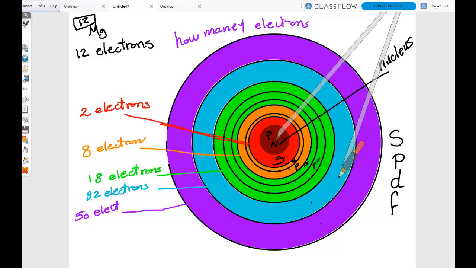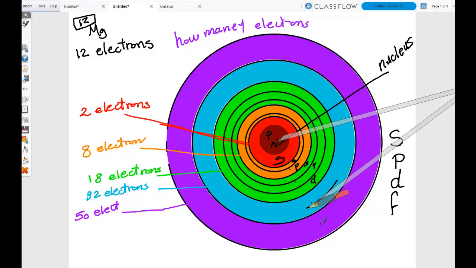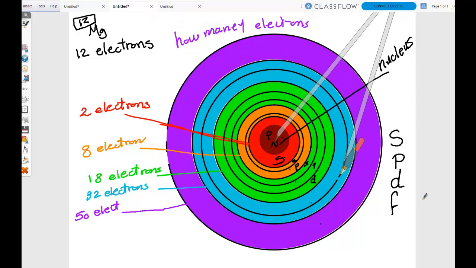For the blue one, which is shell number 4, we have 4 subshells.